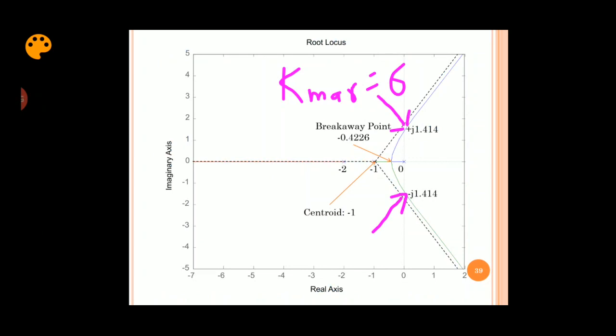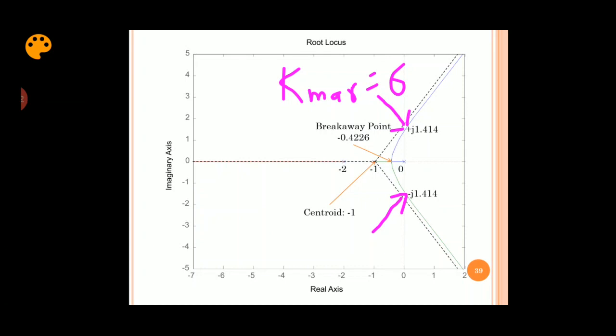That means if we increase k from value 0 to 6, the part of the root locus is on the left hand side of the S plane. Once the k value reaches 6, it intersects the imaginary axis, making the poles marginally stable. Then when k is increased beyond 6, the root locus goes into the positive side of the S plane, which makes the system unstable.